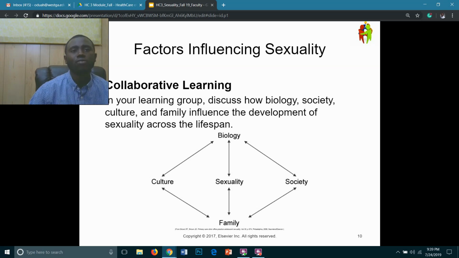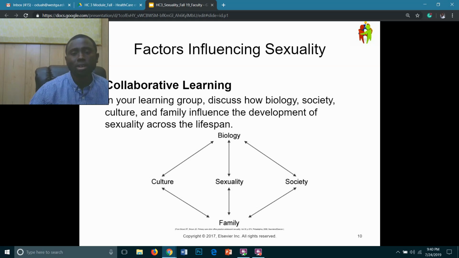There are many factors that affect sexual health. Sexual health is affected by a client's biology, such as body and body processes, societal norms, that is, what is acceptable and what is not acceptable, or our culture, which may determine the roles in relationships. As I mentioned earlier, someone may develop roles as they observe what is accepted in the community, what the culture is, and the definition of masculinity or femininity.